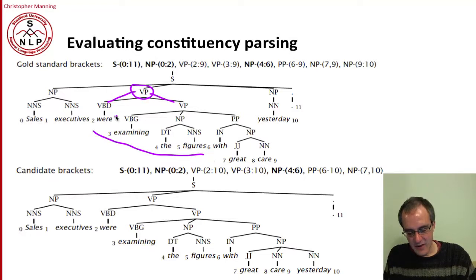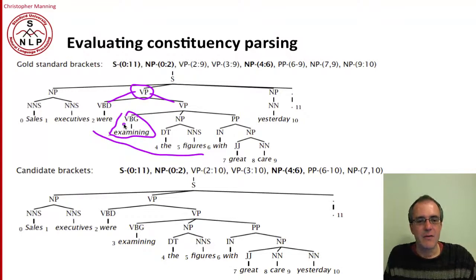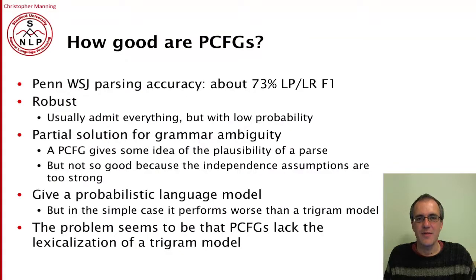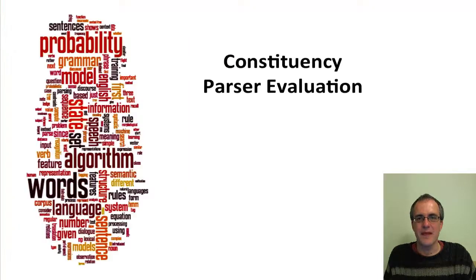In fact, the only rewrite rules that consider words are the ones that rewrite from a pre-terminal to the word itself. And so this limits the ability of a plain PCFG to act as a very effective language model. That's a problem we'll address again very soon. But for the moment, you now know how to go about evaluating constituency parsers.